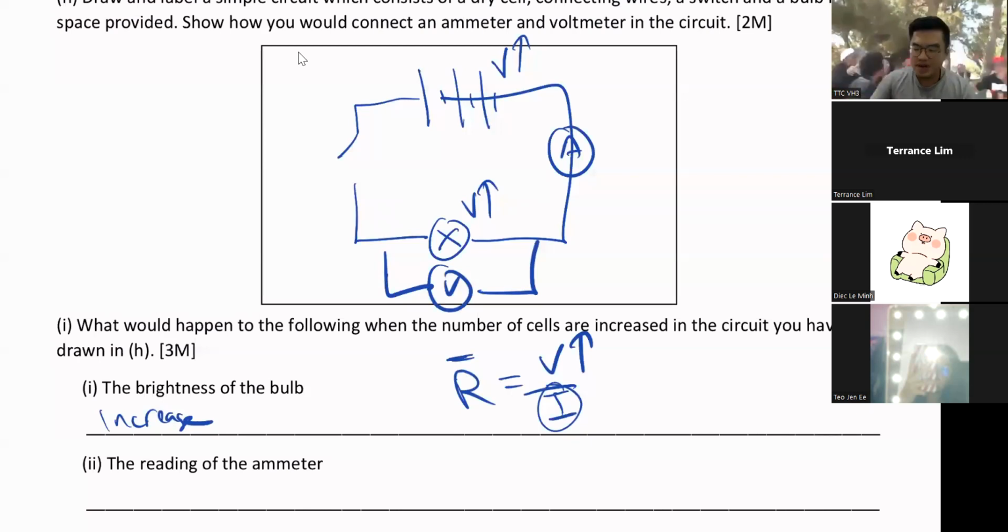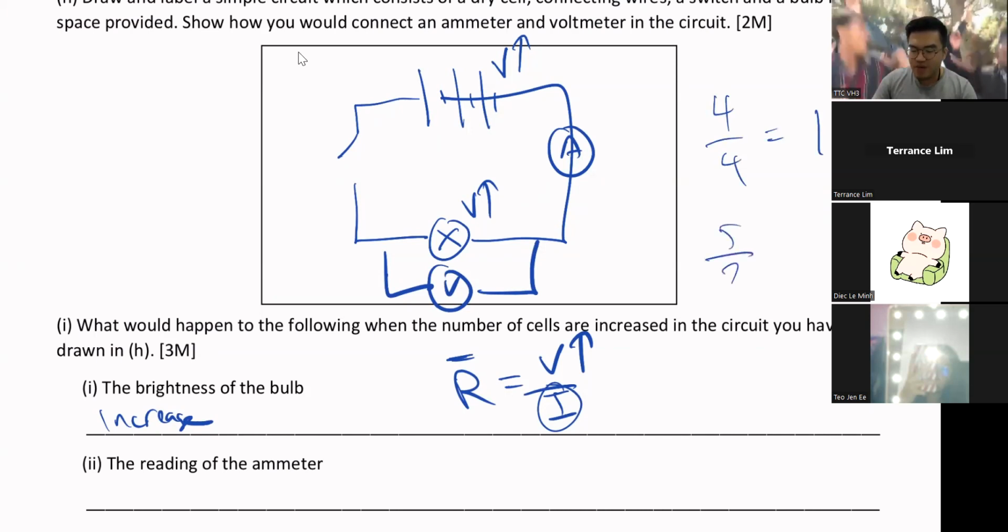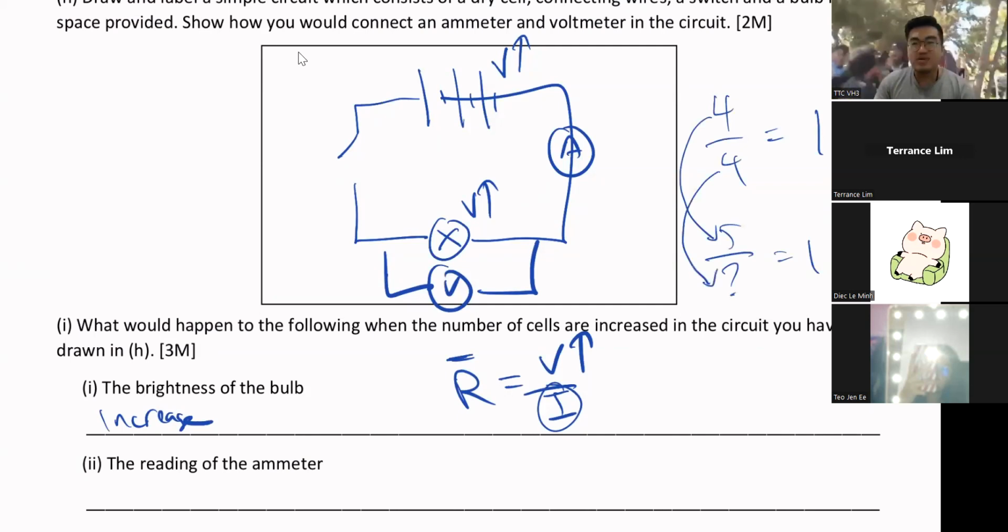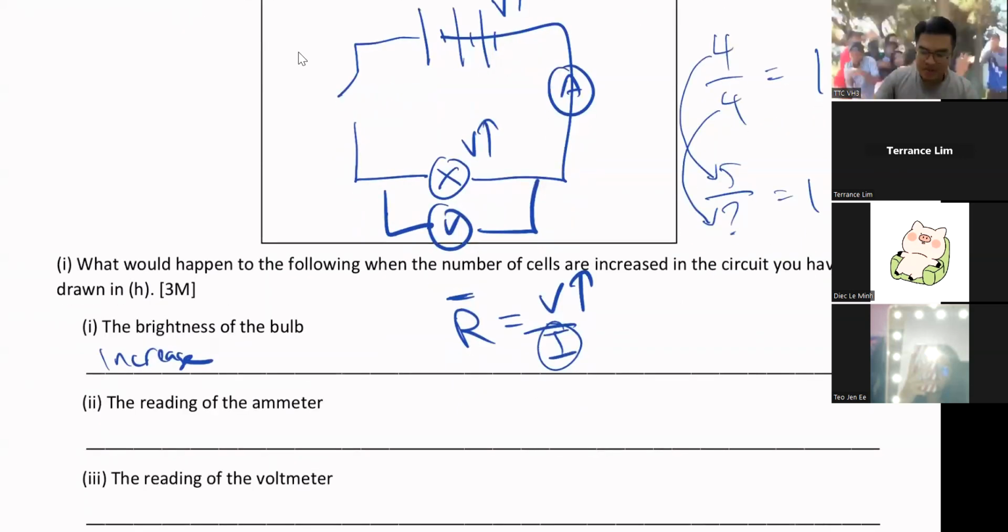Let me put it this way: 4 divided by 4 equals 1. So 5 divided by what equals 1? When my V increases, my I needs to increase as well.